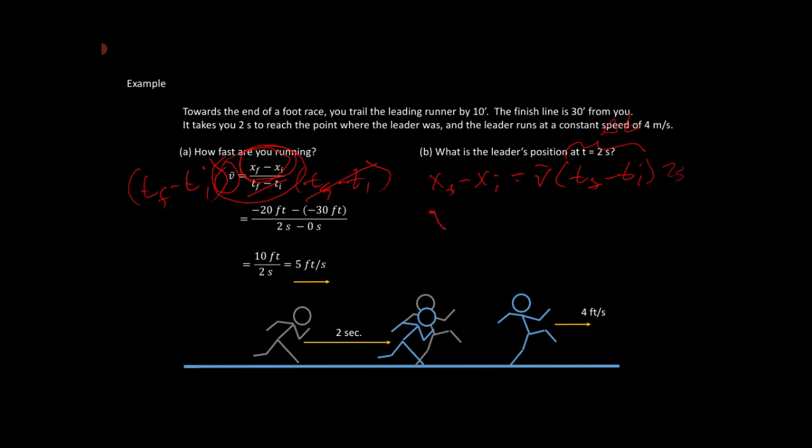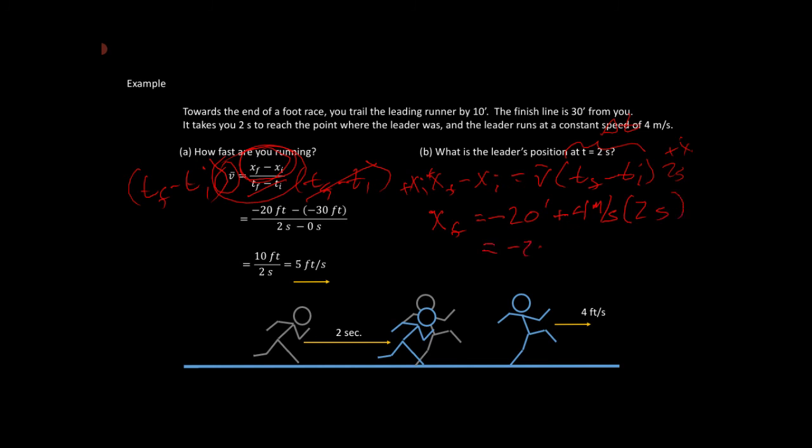You want to find that xf, and we can add xi to both sides. So xf is then going to be, originally he was at minus 20 feet, plus his speed, which is 4 feet per second, multiplied by the time, which is 2 seconds.